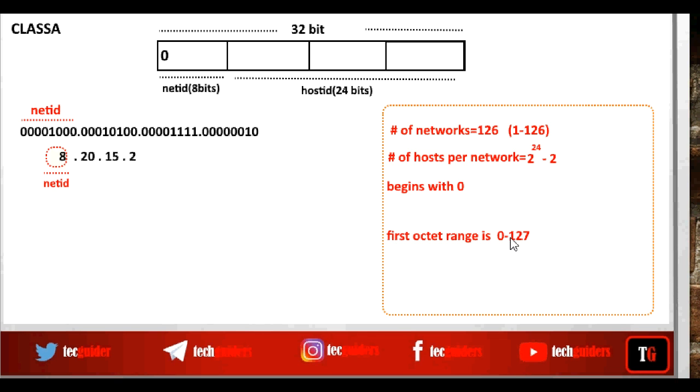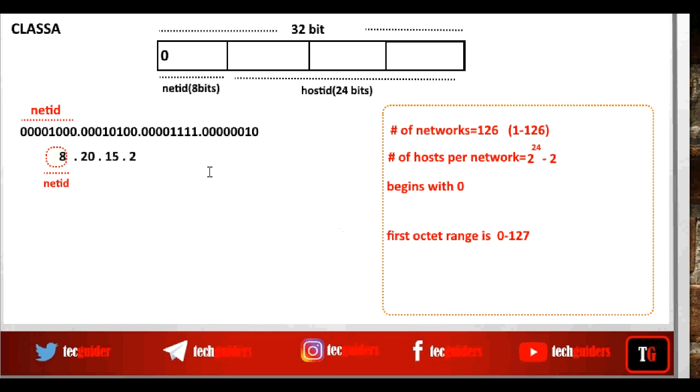Now, what is the network mask for a class A IP address? Every IP address is associated with a network mask, or if subnetting is used, a subnetwork mask or subnet mask. Here, subnetting is not used, so we can call it a network mask. Every IP address is associated with its network mask, which helps to identify what portion of the IP address is the network ID and what portion is the host ID.